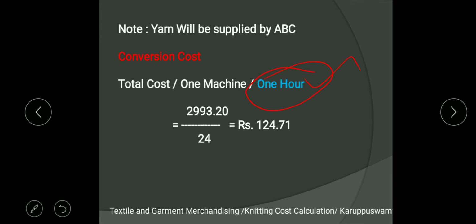So simply you have to divide this value, that is 1 day expense, by the number of working hours in a day. So here we are running our factory for 24 hours. So we are dividing this value by 24. So we are getting 124 rupees. It means you have to spend 124 rupees to run one knitting machine for 1 hour. So this is your expense for 1 hour.